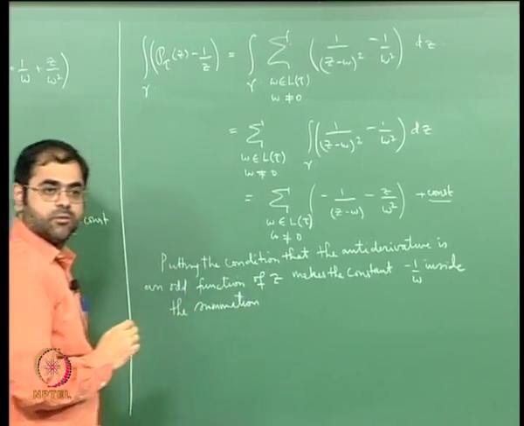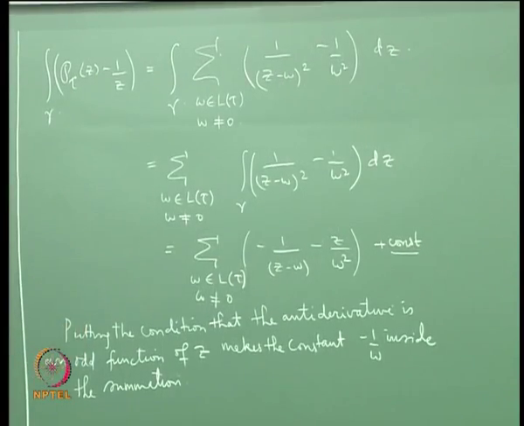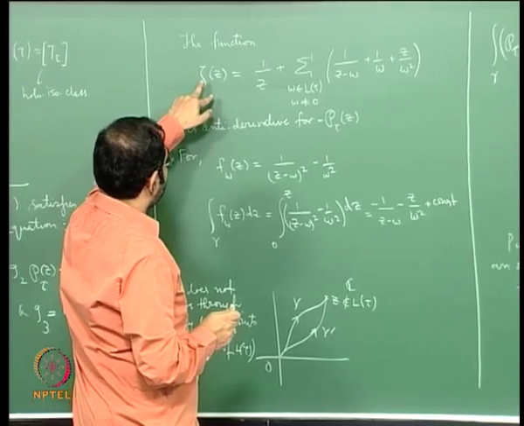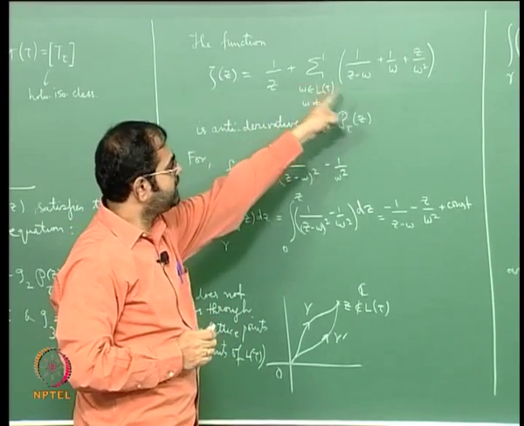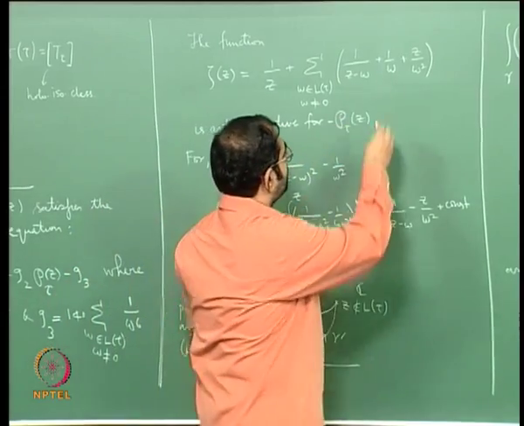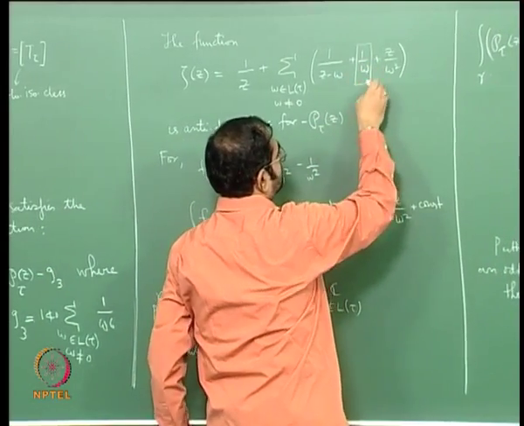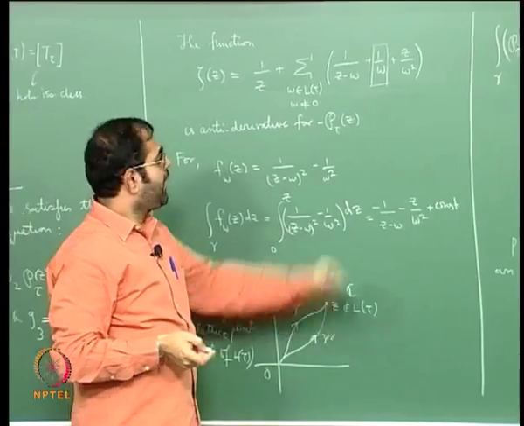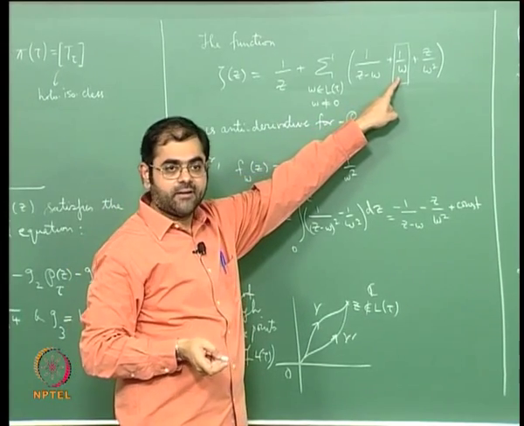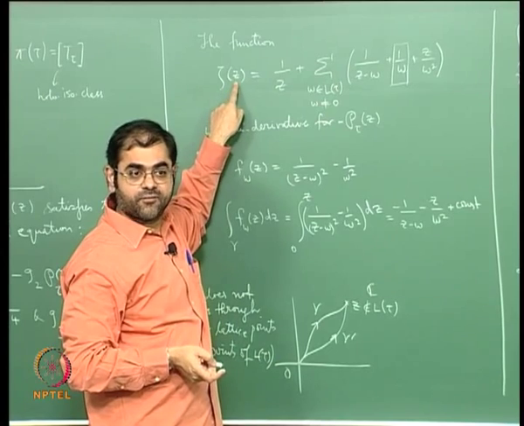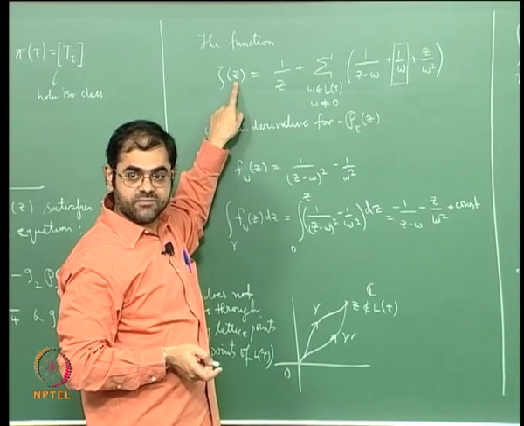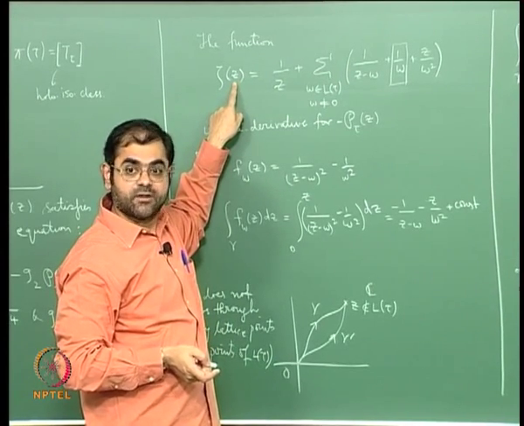So if you do that, you will get this function defined in this way with this constant term 1 by omega coming here. This constant term has been added so that this function, which is the antiderivative of the Weierstrass phi function, is an odd function.